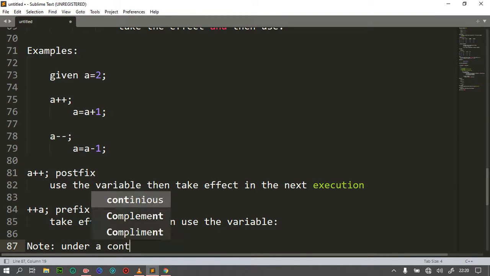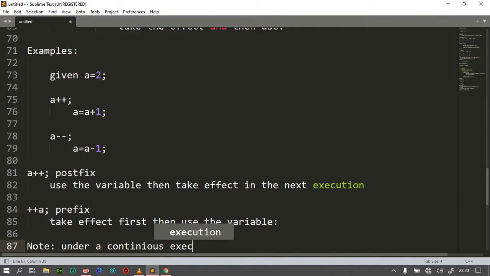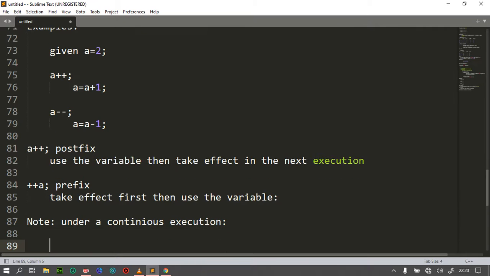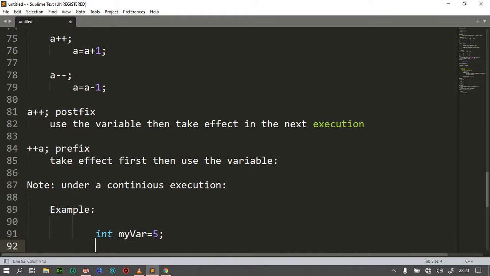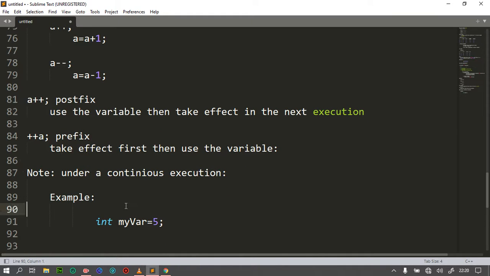Under continuous execution. What do you mean by continuous execution? For example, say I have a variable called int myVar, and it is initialized to 5.